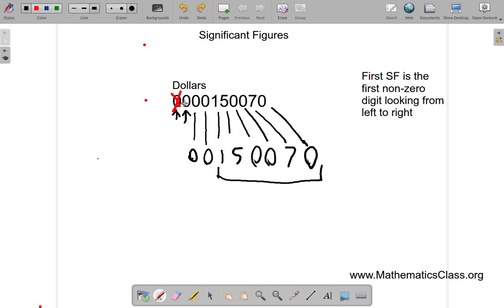So we can do without this 0. This is not a significant figure because we were able to write down your money without it, and your money did not change. Alright. Now, question, what about this 0 here?